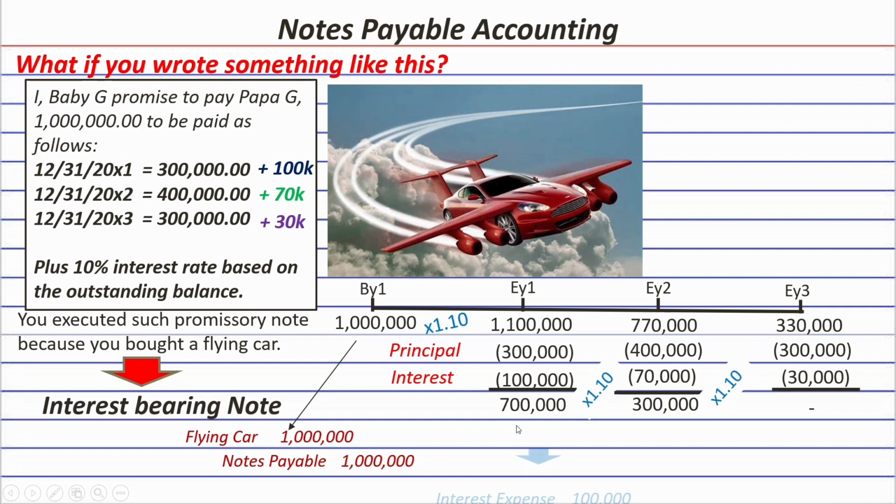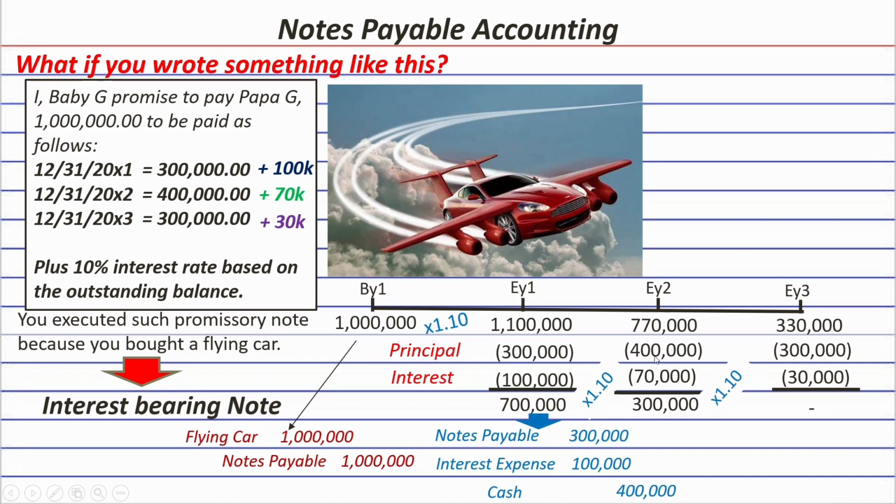Debit interest expense 100,000 and also debit notes payable for the decrease of the carrying amount from this 1 million to this 700,000. So the difference is 300,000. So we need to debit that to notes payable. And of course, we have to credit cash for 400,000. So that's the entry for the end of year one.